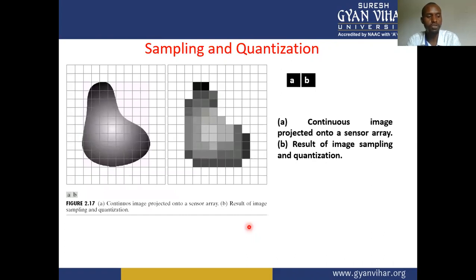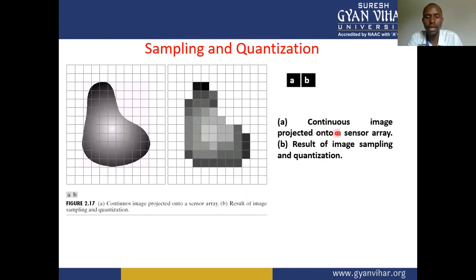Now, the next thing that we are going to look into is on the same output that we've gotten, and we'll represent it on two images. One on the right is the quantization, the one on the left is for sampling.